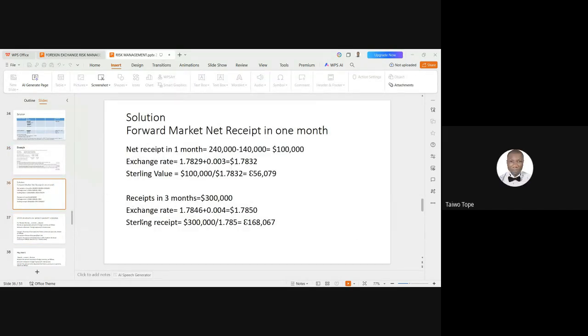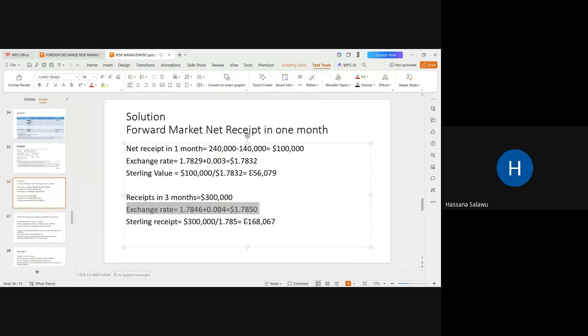This exchange rate 1.7846 plus 0.004 is correct. You should check your calculator. You need to add 0.004, which has 3 zeros, not 0.0004. Yes.